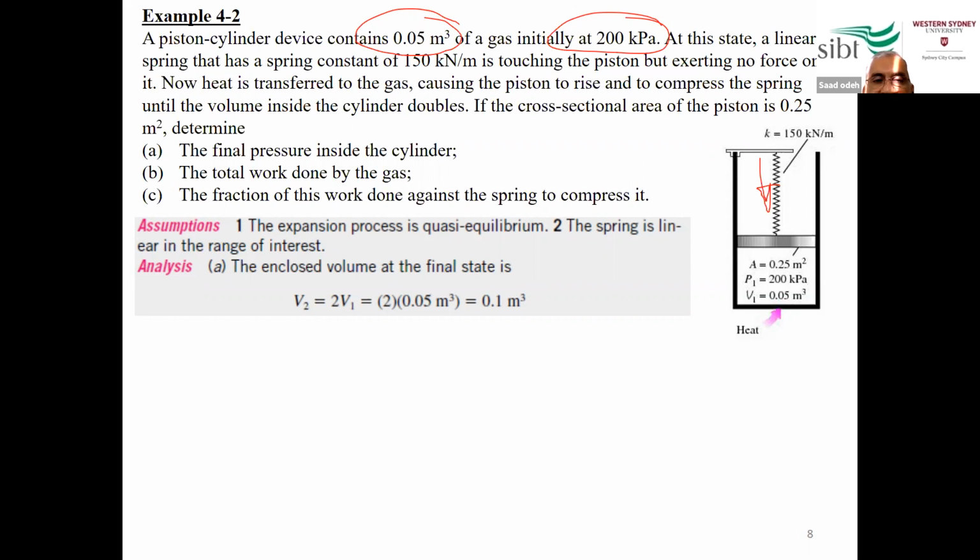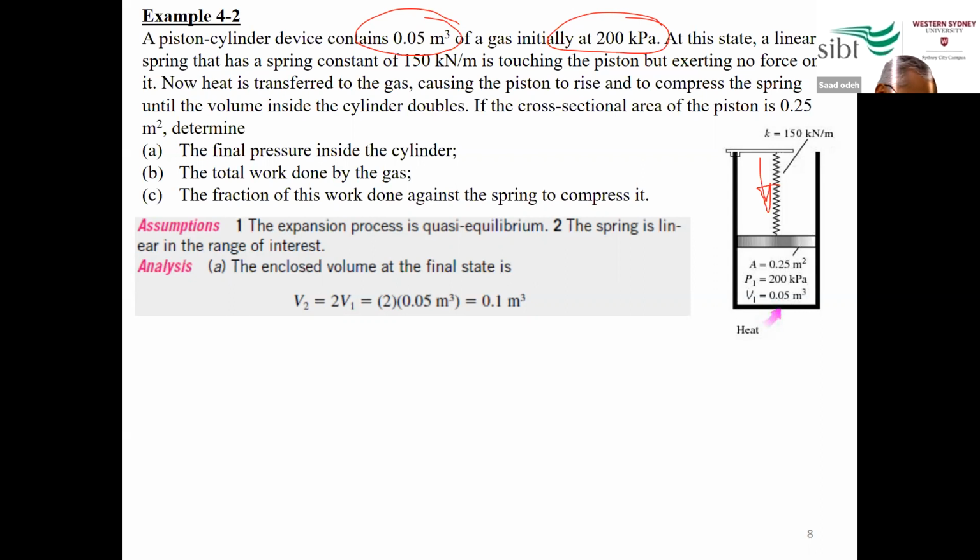Each spring has a different constant. The reason this spring constant is given is to find the force of the spring. We will show you how to find the force from a spring. For the time being, we know the spring constant, and since it's touching the piston, it's under equilibrium condition. There is no movement now.